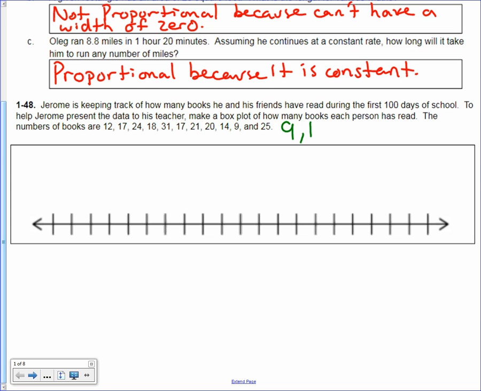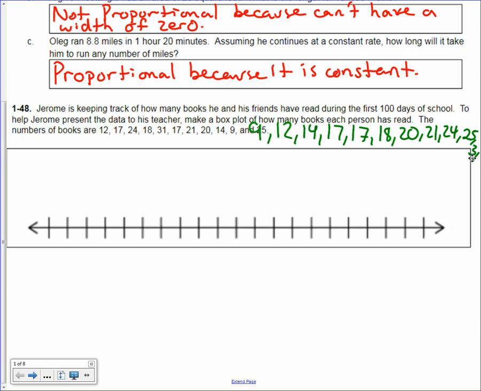So 9, 12, 14, 17, 17, 18, 20, 21, 24, 25, and then 31.